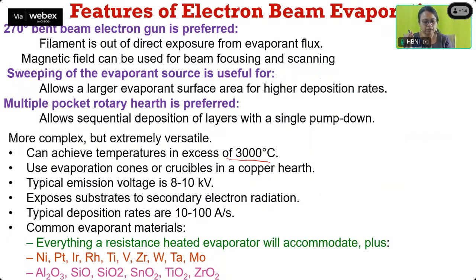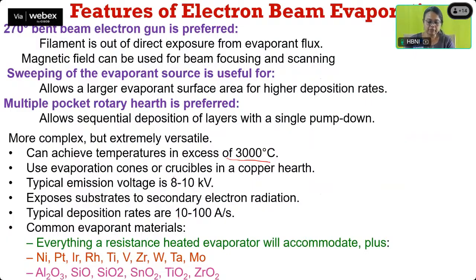The typical emission voltage, meaning the voltage for the emission of the electrons, is around 8 to 10 kilovolts. So very high power supplies are required. The substrate gets exposed to secondary electron radiation, and deposition rates are very high, but here also we can regulate them by regulating the electron current.